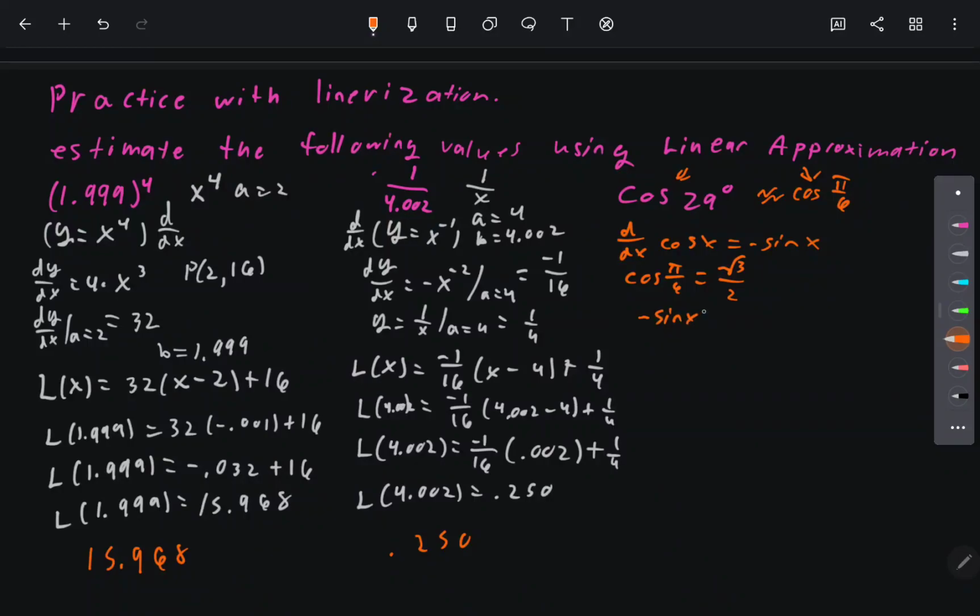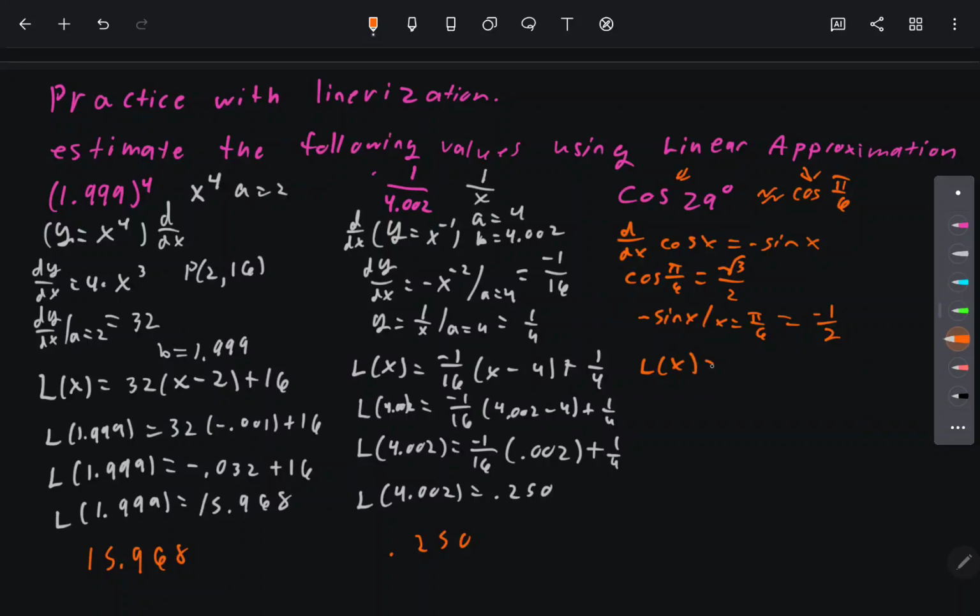Negative sine of x evaluated at x is equal to pi over 6, because pi over 6 is 30 degrees, if you did not know that. That is going to be negative 1/2. So now we have the slope and a point. So now we can make our linearization.